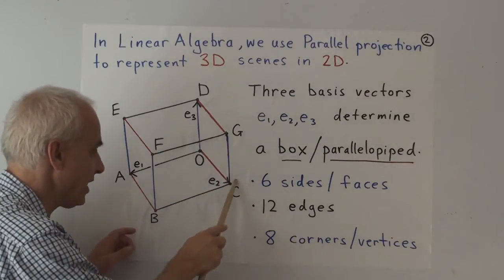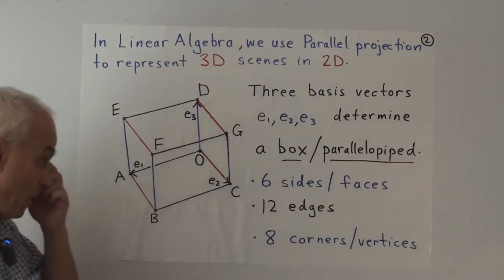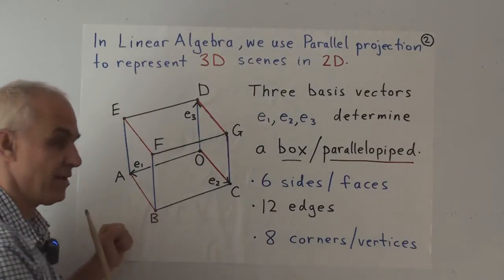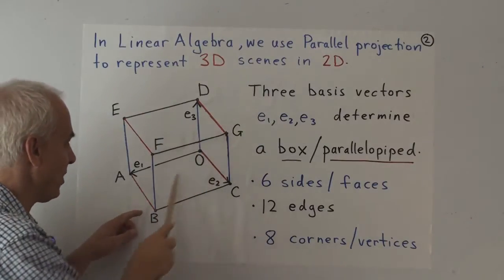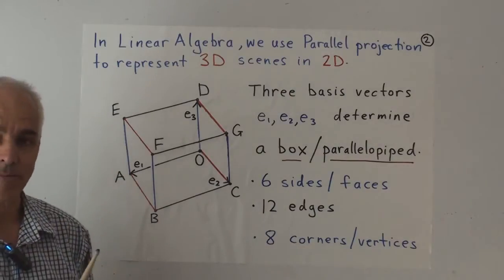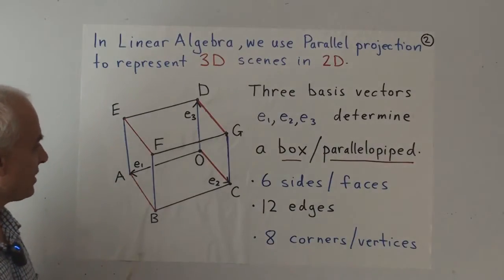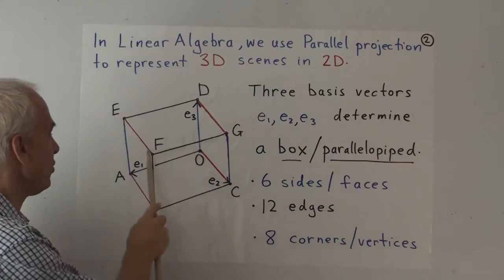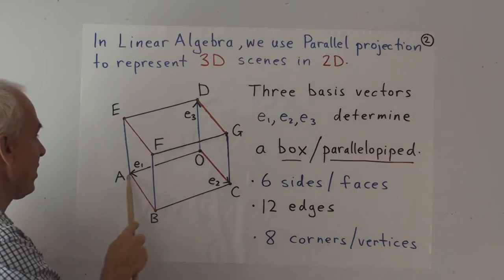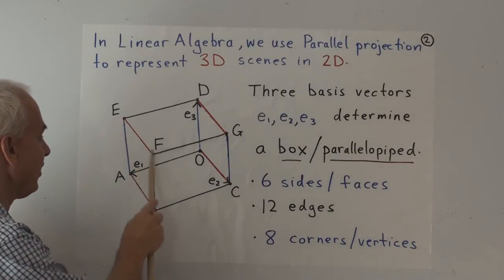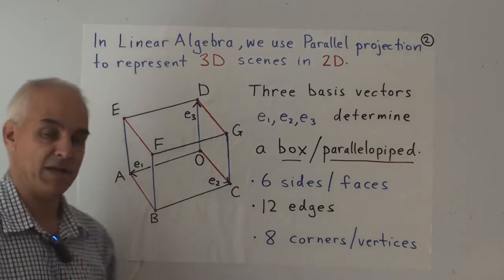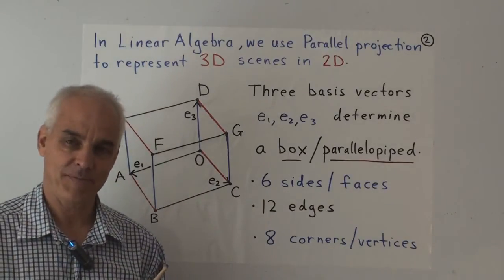So this is minus E3 plus E1, or in other words, E1 minus E3. So this vector from here to here is E1 minus E3. And similarly, if you want to go from O to F, that would be E1 plus E3 plus E2. So that's the sum of all 3, E1 plus E2 plus E3.